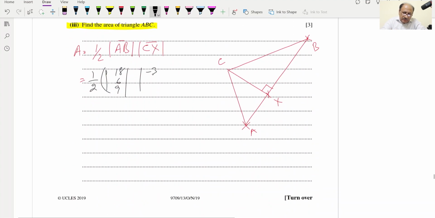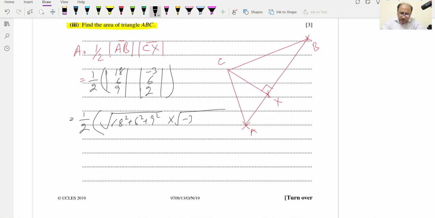So this will be equal to 1 by 2 into the square root of 18 squared plus 6 squared plus 9 squared, into the square root of (-3) squared plus 6 squared plus 2 squared.